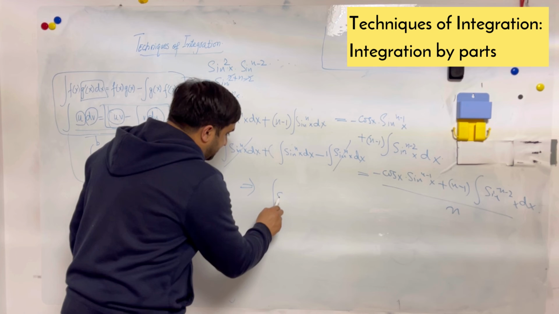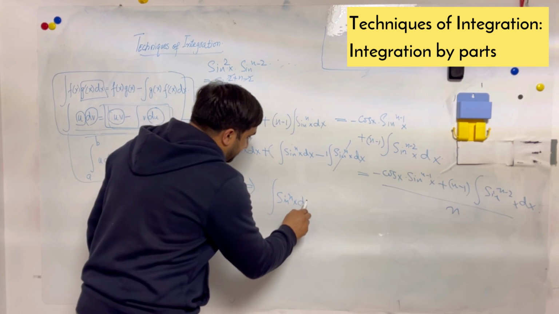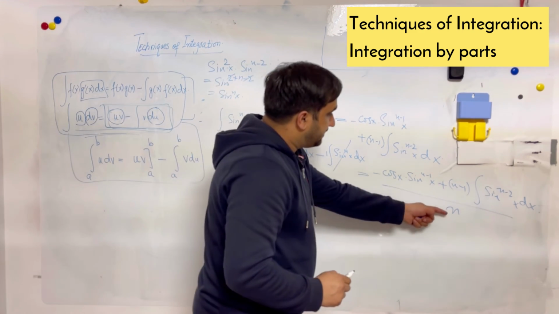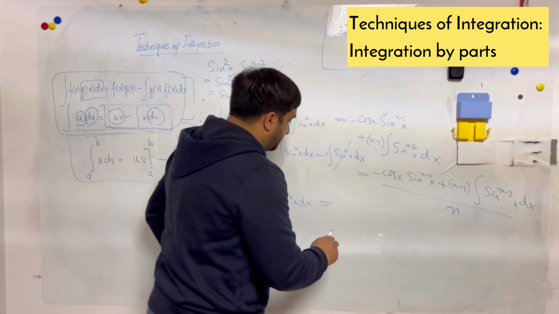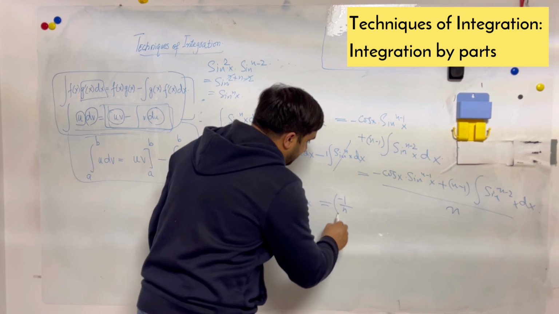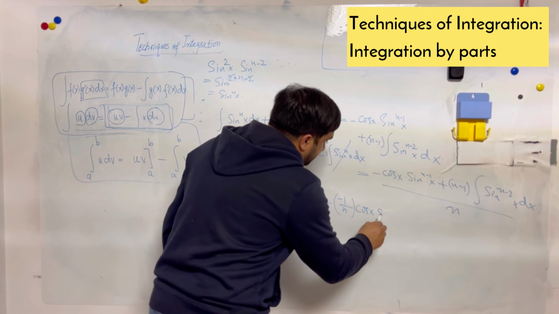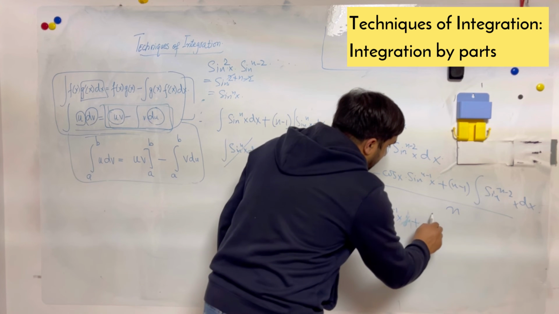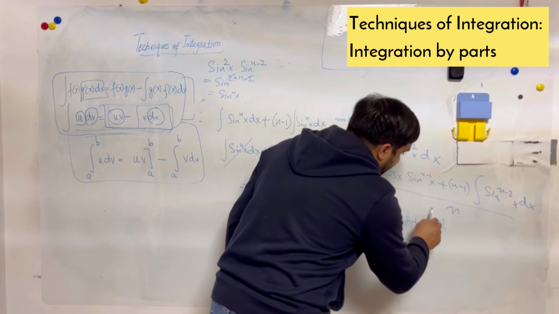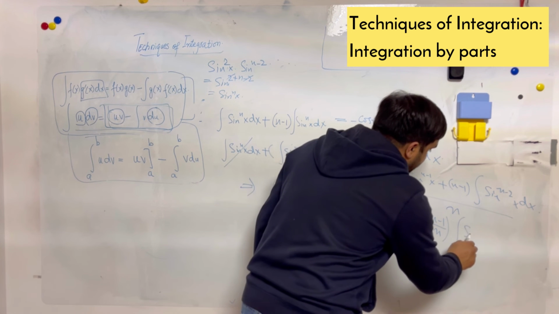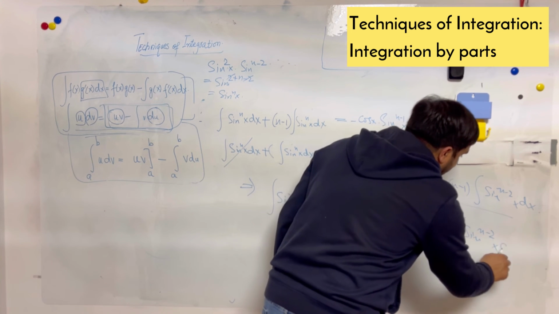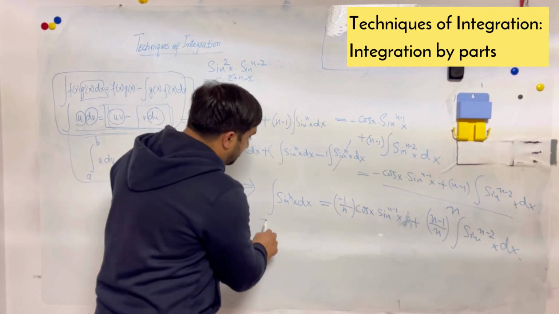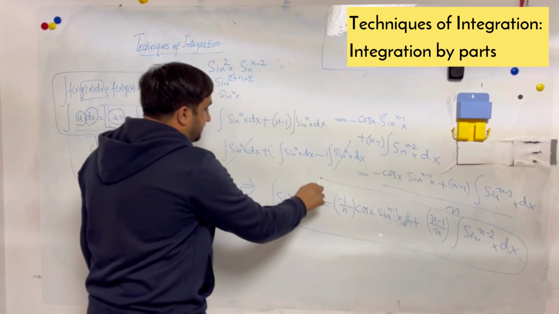So it becomes integral sine n x, which is exactly the left hand side of the reduction formula, and on the right you can split the n with two terms, so it becomes minus 1 over n cos x sine raised to the power n minus 1 x plus n minus 1 divided by n integral sine n minus 2 x dx, which is the reduction formula for sine theta.